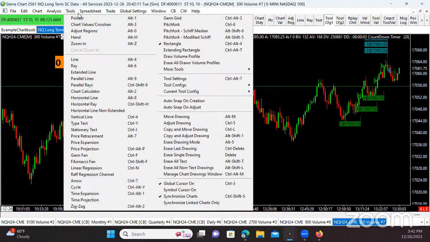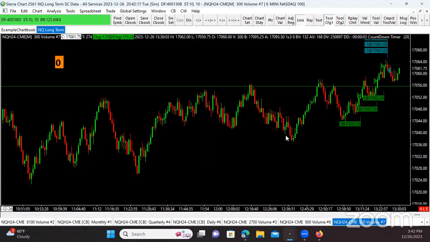If you're looking at this chart, you'll see where price goes from a lower low to a lower high to a higher low to a higher high to a higher low to a higher high. I have an uptrend right there. And then we have A, B, C correction.